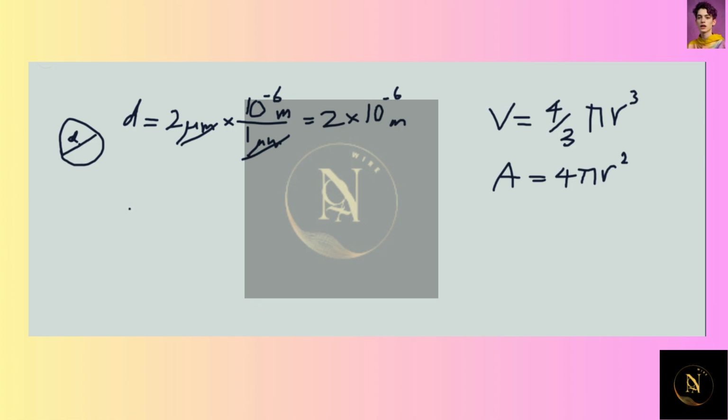So now we have to turn the diameter into a radius. A radius is half of the diameter, and so the radius of our sphere is 10 to the minus 6 meters.